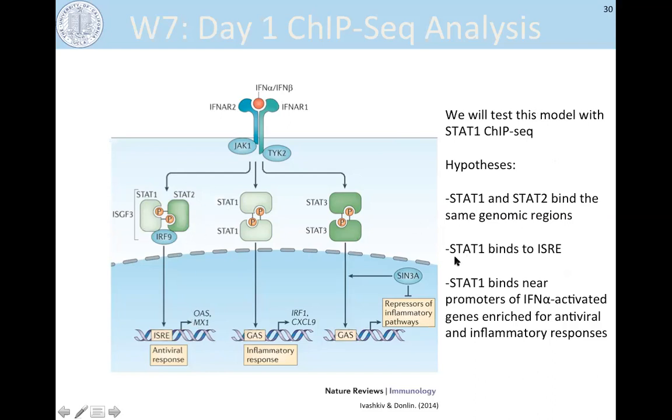We are going to test if STAT1 is found to bind ISREs upon interferon stimulation. And we are also going to test if STAT1 binding is near promoters of interferon alpha activated genes that are enriched for antiviral and inflammatory response.